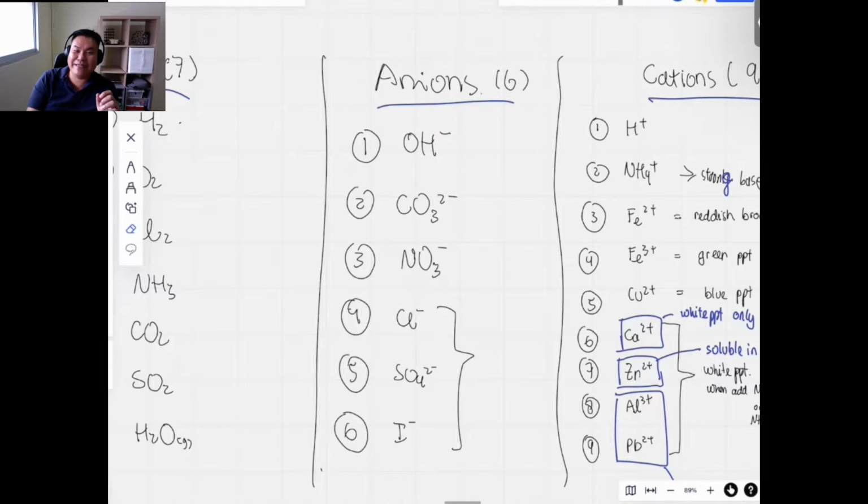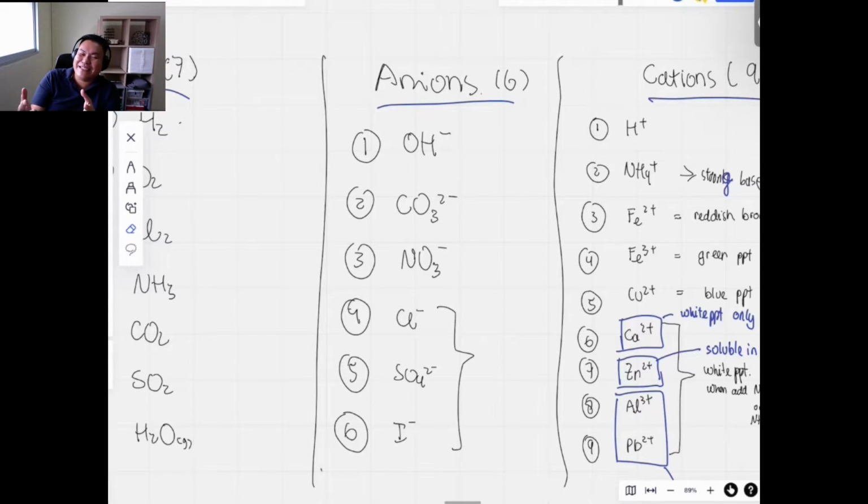Carbonate. You add any acid, and then it becomes carbon dioxide, water, and the salt. You're going to have effervescence of carbon dioxide.